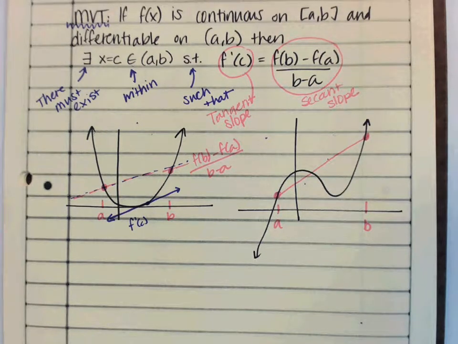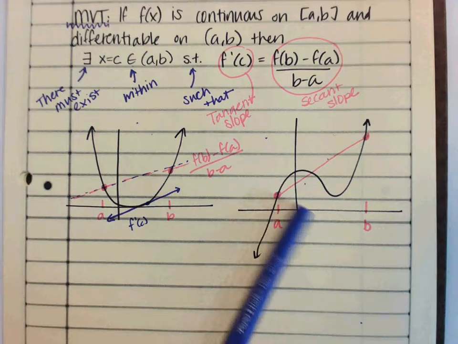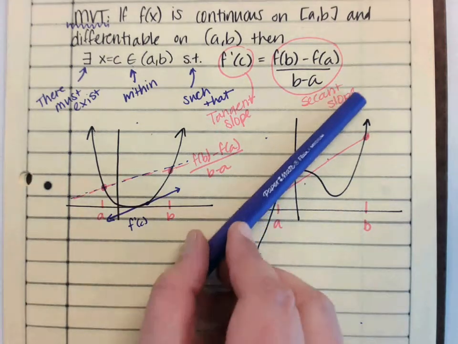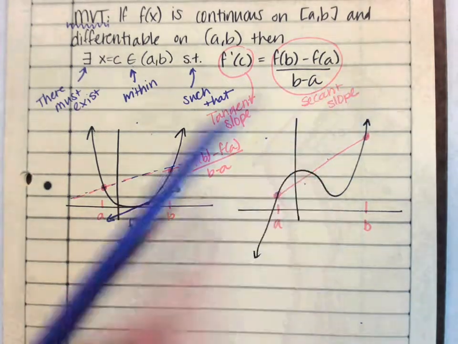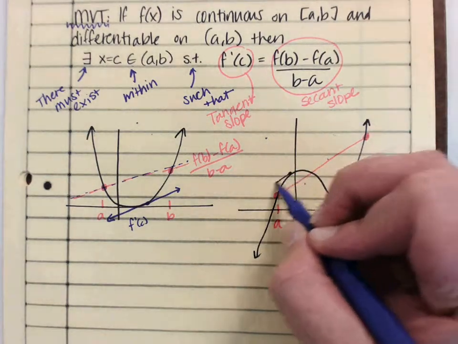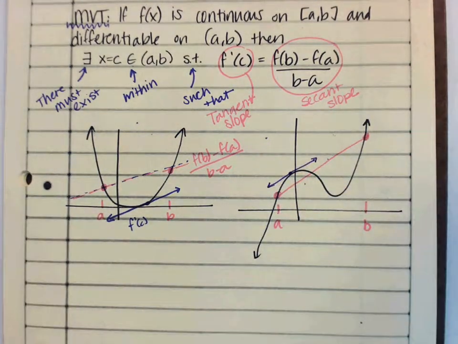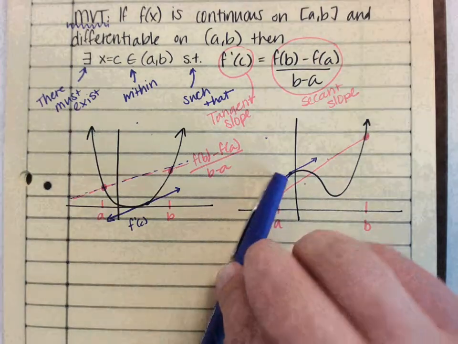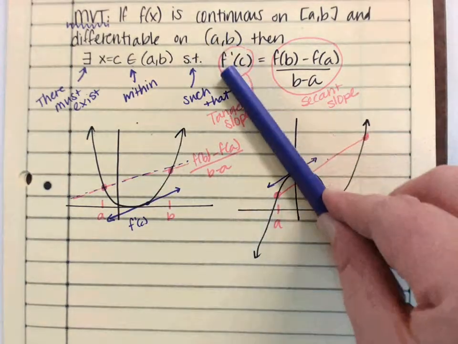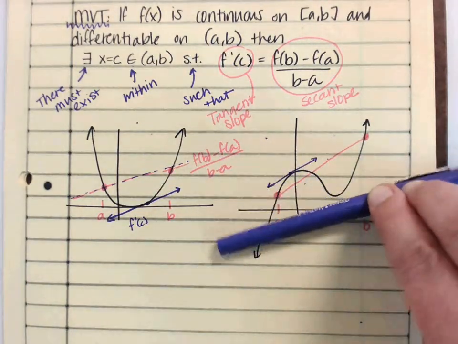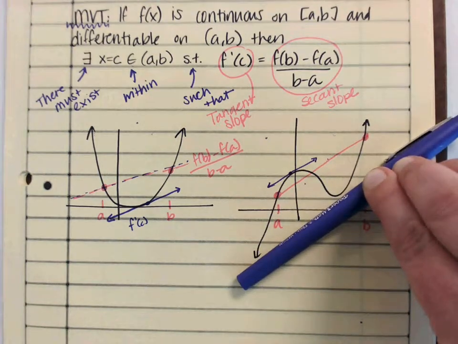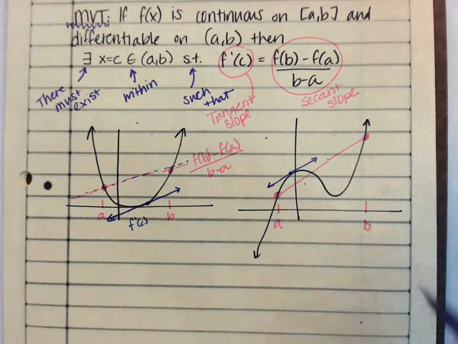Try to see. If I was tracing my graph here, I'd be going uphill, uphill, uphill. Then as I round this curve, bam, I'm going to have a tangent maybe about right here. Then I'm going to continue to follow the shape of the line, so I come downhill for a while. Then as I round this curve, bam, right there, I have another place where my slope basically matches.